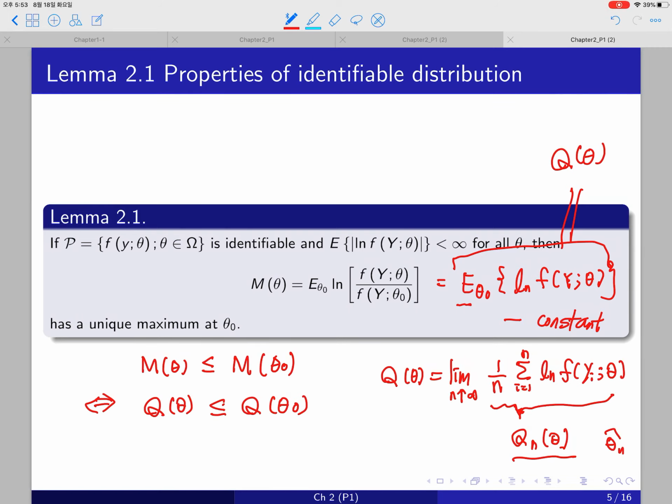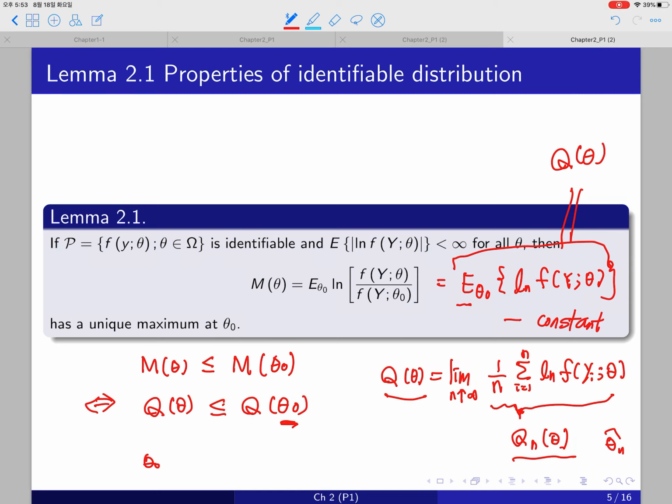So at least if sample size n is large enough, the maximizer of Q(theta) is equal to Q null, right? That's good news, because what is Q null? Q null corresponds to the true parameter that generates the data.